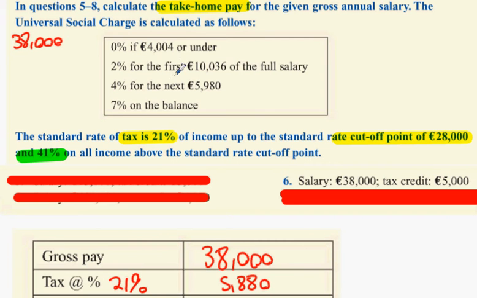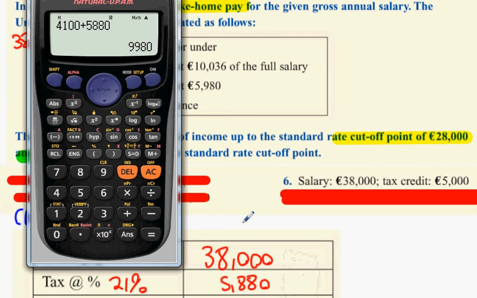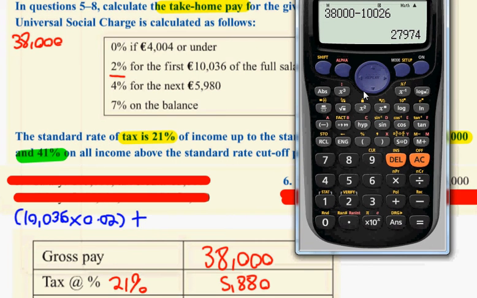I have to do 2% of the first 10,036. So I'm going to write down 10,036 multiplied by 0.02. Add it on. Now the first 10,036 has been taken care of.